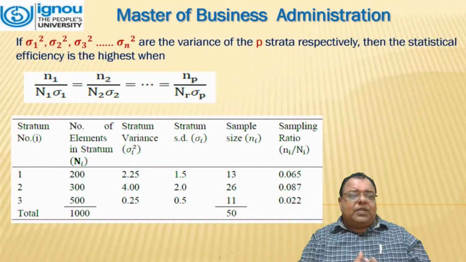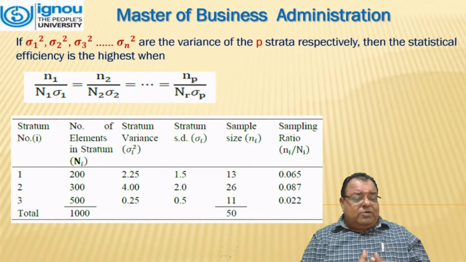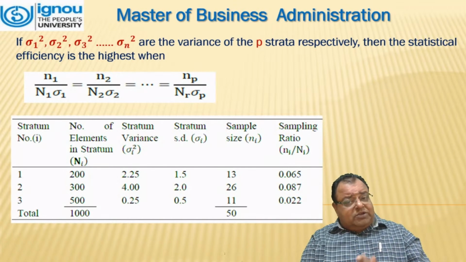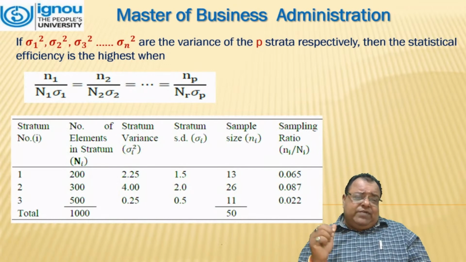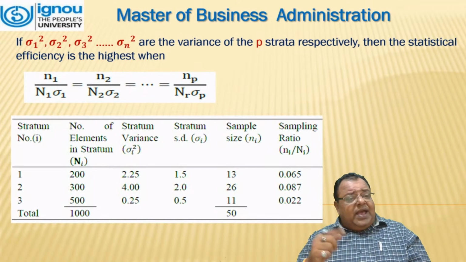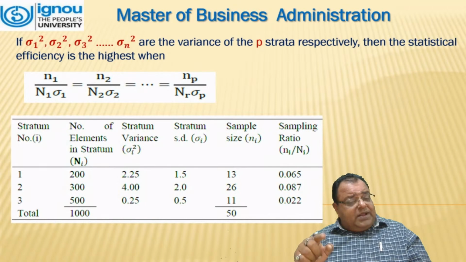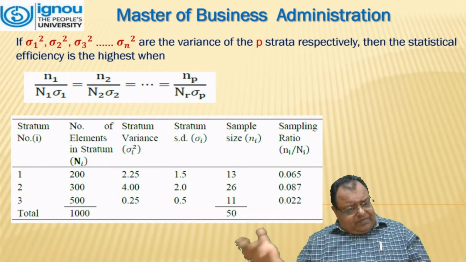Here we can say if sigma 1 square, sigma 2 square, sigma 3 square are the variances of the three strata respectively, then the statistical efficiency is the highest when n1 upon sigma 1 is equal for all three.